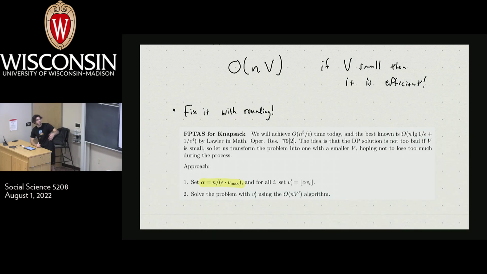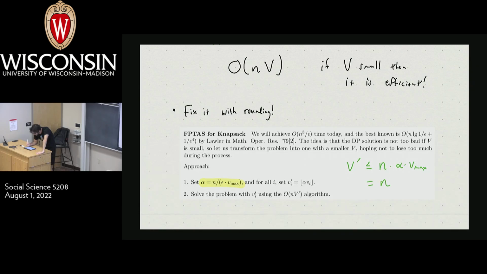So first, for the runtime, how big is V prime? Well, V prime is at most n times the maximum value in there. And what's the maximal value? Well, it's going to be alpha times the original max.